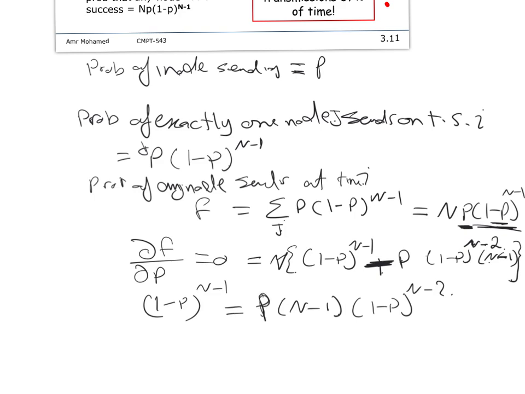تمام كده؟ So that will lead to the fact that طبعا this is very simple يعني. So this will lead to the fact that P will be 1 over n, which means that if I have the probability equal to 1 over the number of nodes, then I will get the maximum efficiency. ماشي.